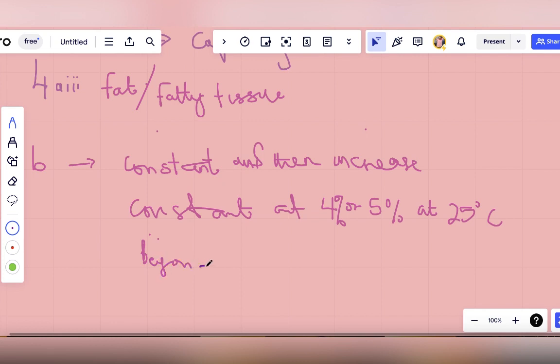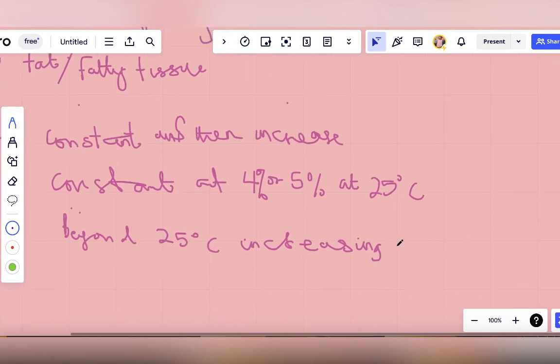Let's say 27 or 26, beyond 25 degrees Celsius, the blood flow started increasing exponentially, non-linearly, meaning it's not directly proportional.